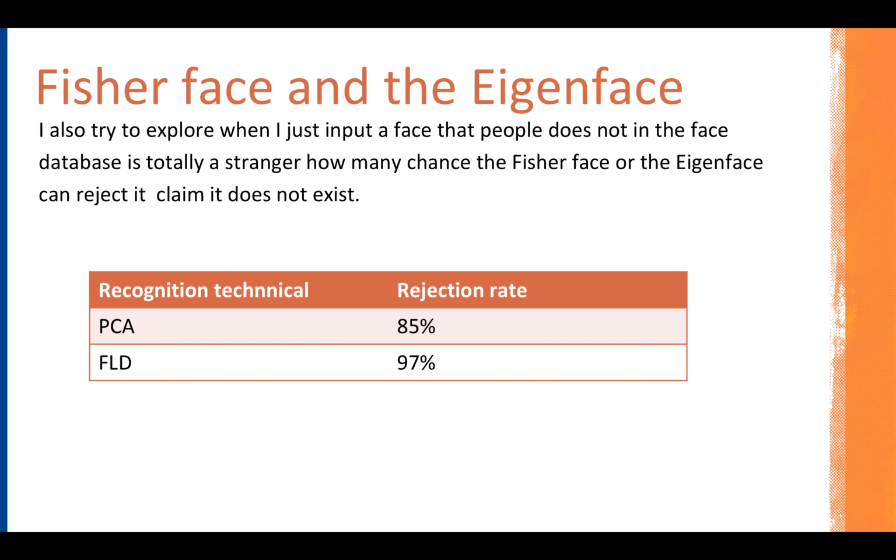I also explored, if I input a face of a person who is not in the face database, a total stranger, how likely fisherface or eigenface is to reject it and claim it doesn't exist. Fisherface also has better performance.